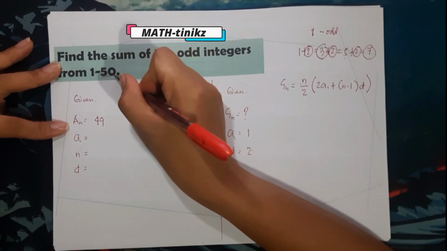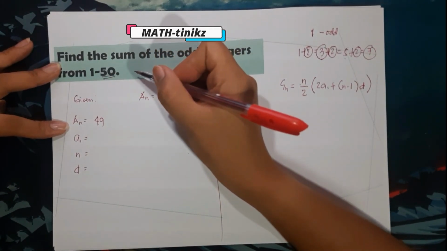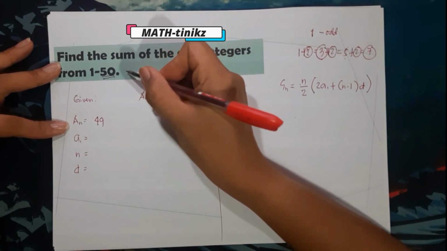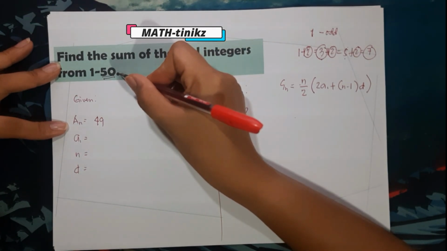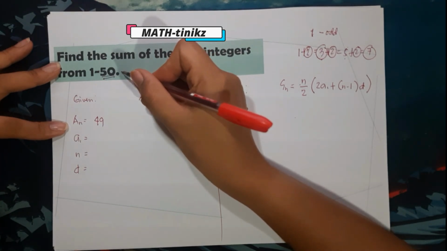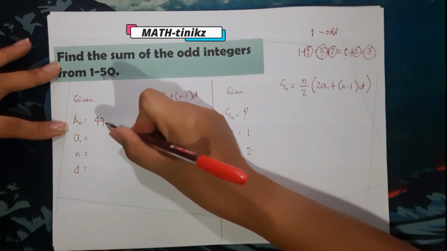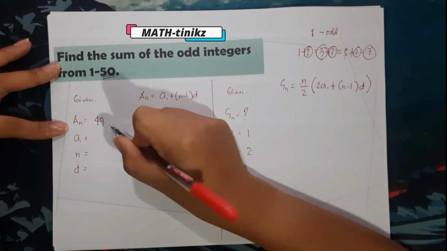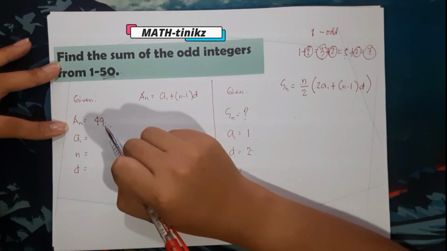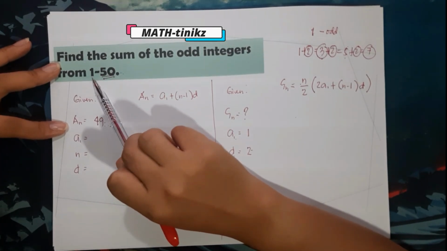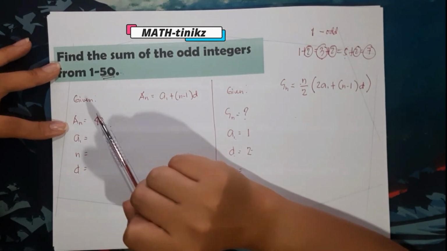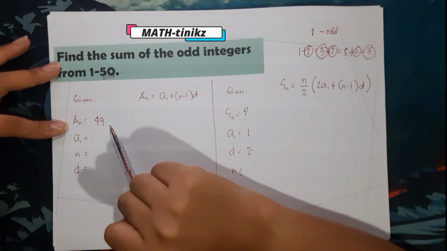Because 50 cannot be considered as the last term because 50 is not an odd integer. 50 can be divided by 2, that is equal to 25. And 49 we cannot divide by 2. So therefore, 49 is the number nearest to 50, between 1 to 50. So therefore, the last term is 49.